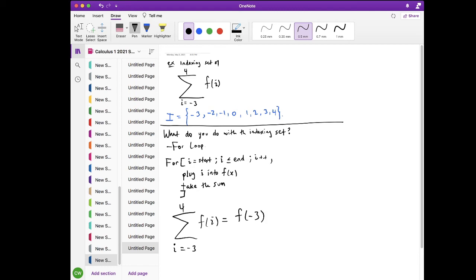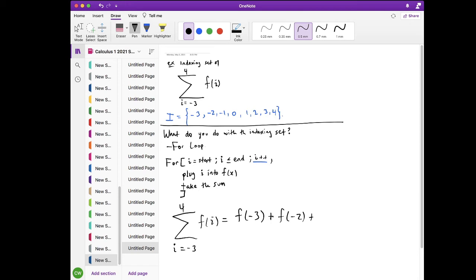There's nothing to sum, so we skip that part. Now let's repeat the loop. We add 1 to i, and then do the algorithm again. So you add 1 to i, and then plug that new i into f. That's -2. And then keep on doing it.